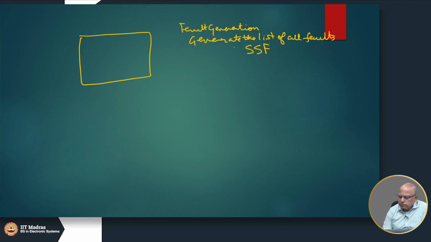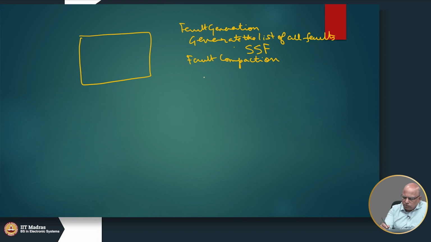But right now, let us talk about single stuck-at faults. Then the next step is to do fault compaction. So, we have to eliminate equivalent faults and dominant faults, and reduce the size of the fault list.